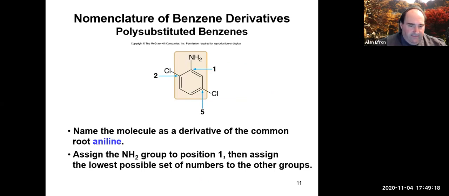Now, when we do have this, if you can see that historical name in there, you can use that aniline as the root and then give the location where we find the rest of the groups.